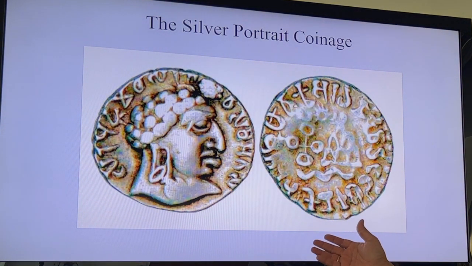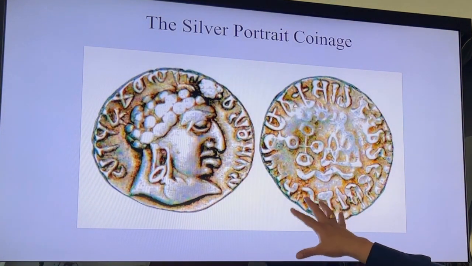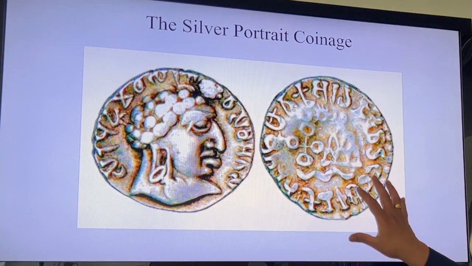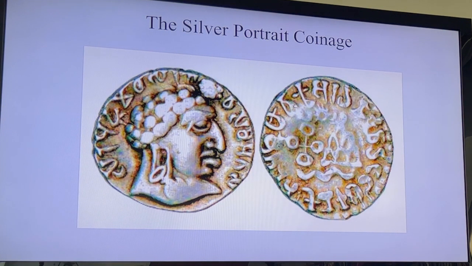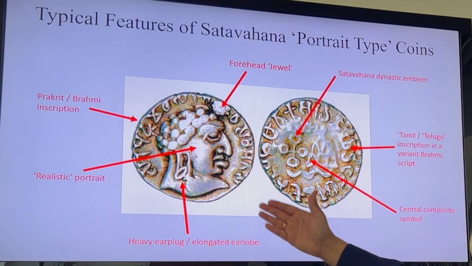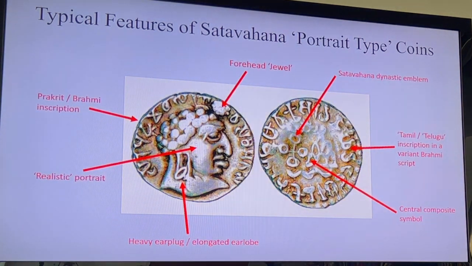the drachma standard. So this is again very much comparable to the Indo-Greek or the Nahapana prototypes. If you look slightly closely at this, there are various characteristics that you see. The typical features are that there is a fairly realistic portrait on the obverse.